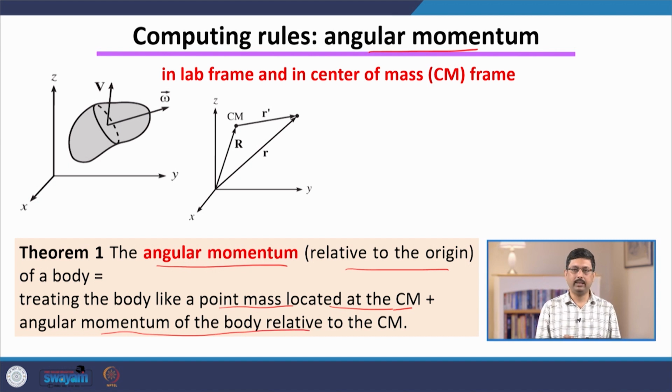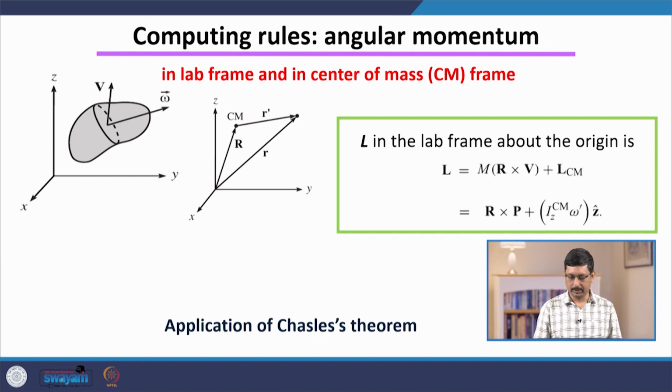Again the same strategy, we are dividing this complicated motion into two simple pieces. The whole extended object is like a point mass concentrated at the center of mass, moving in translation, plus the rotation about the center of mass, which generates some angular momentum relative to the center of mass.